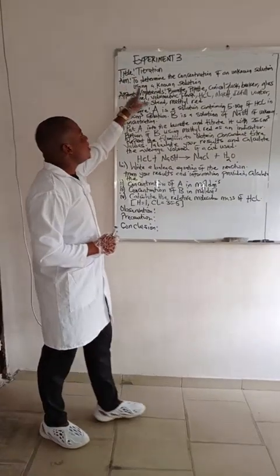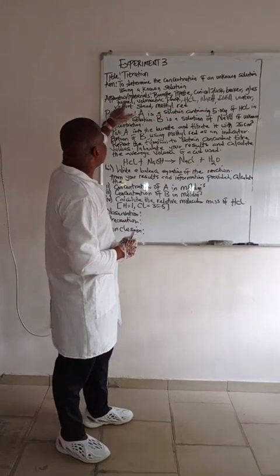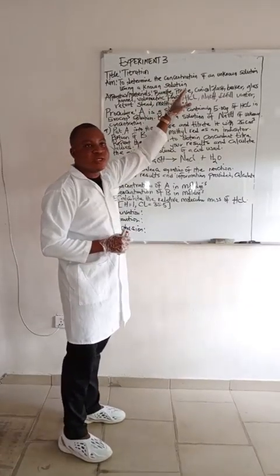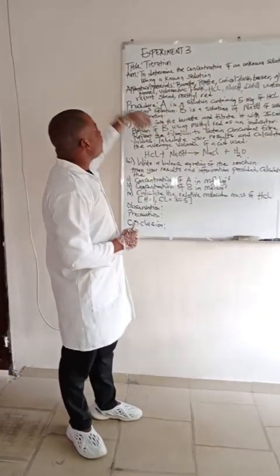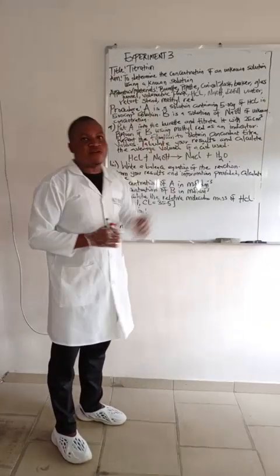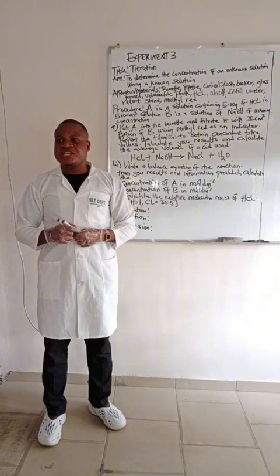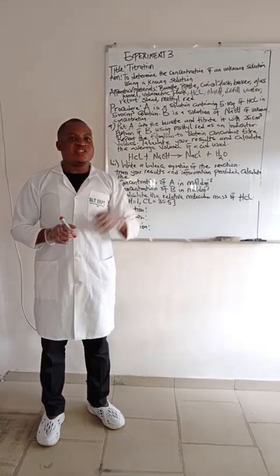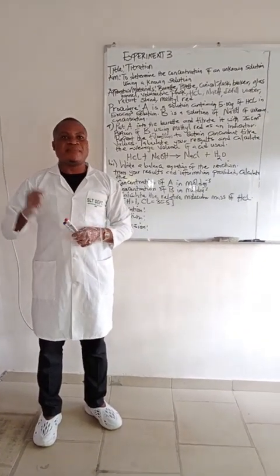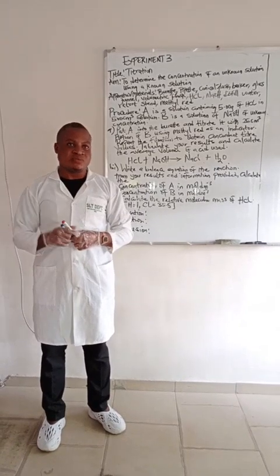Now the aim is to determine the concentration of an unknown solution using a known solution. Before we go further, let me explain the meaning of titration. Titration is a technique in chemistry in which a solution of known concentration is used to determine the concentration of an unknown solution.